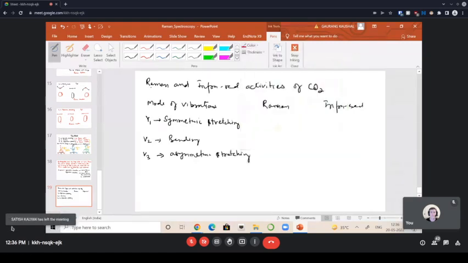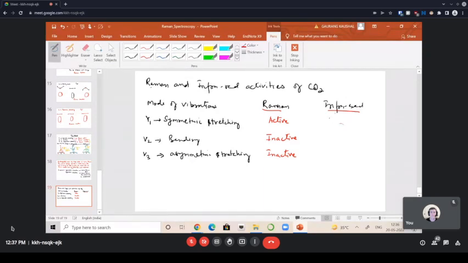In the case of CO2, the symmetric stretching is Raman active, bending is inactive, and asymmetric stretching is also inactive. But on the other hand, in the infrared case, that is the pure vibration spectrum, the symmetric stretching is inactive.